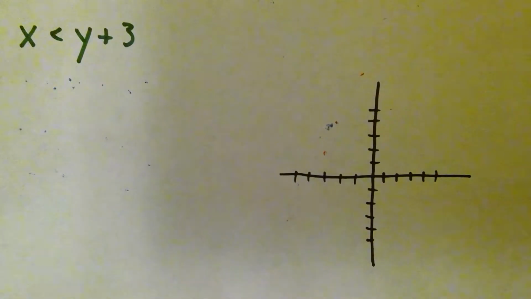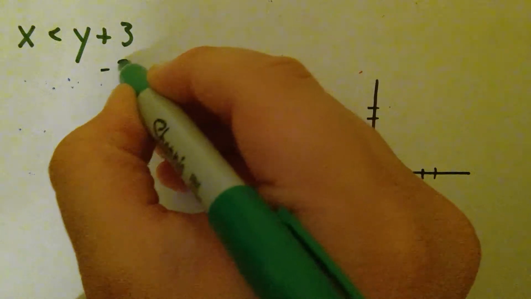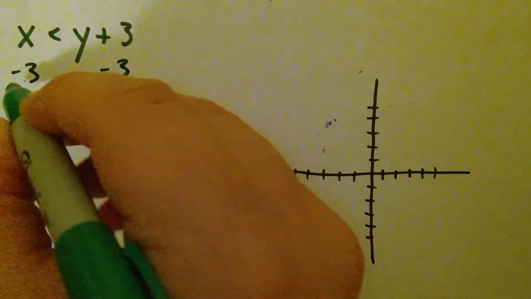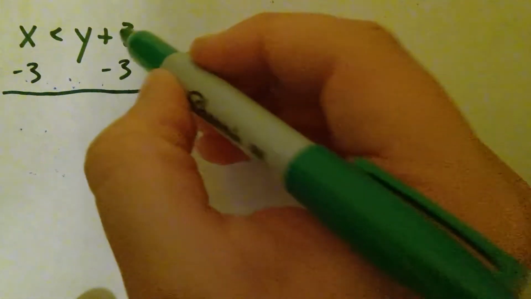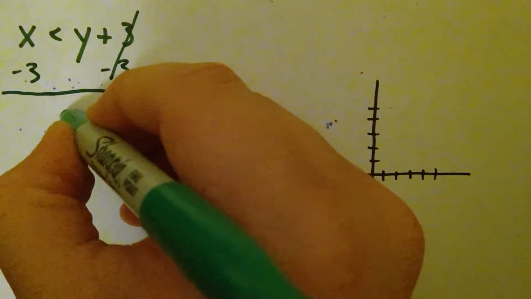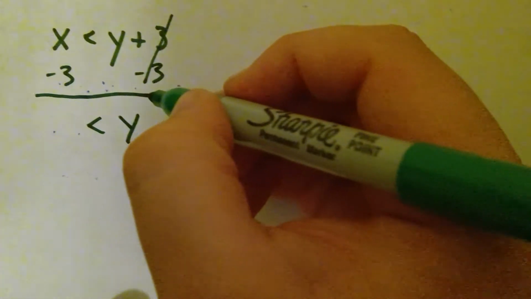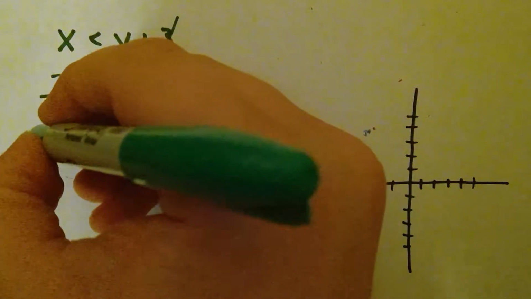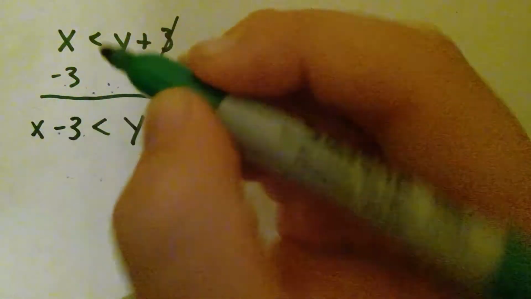Let's do one more. We have x is less than or equal to y plus 3. Let's do a little maneuvering because this is not in slope-intercept form. I'm going to get y by itself, so I'm going to do minus 3, minus 3. Since x and negative 3 are not like terms, I just write them like this.